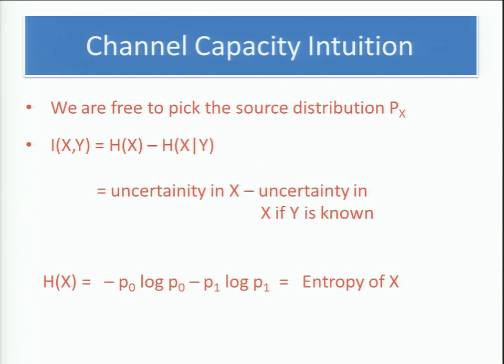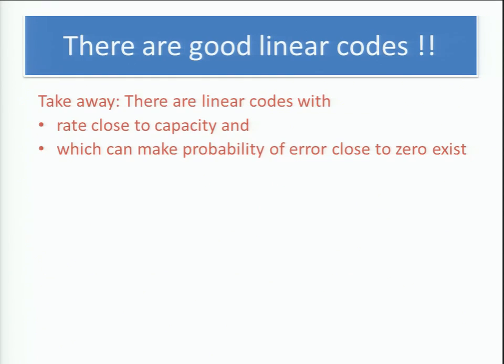After Shannon came up with this channel capacity, what people have been trying is to come up with codes which actually reach this channel capacity. Many codes which people constructed using nice techniques in mathematics were not going up to channel capacity. But Shannon himself told one thing.